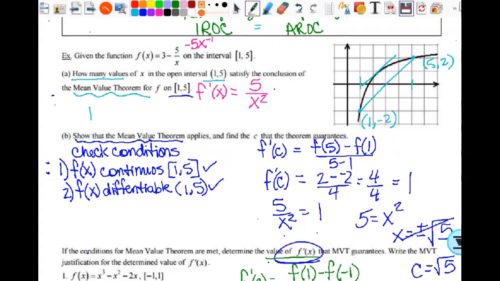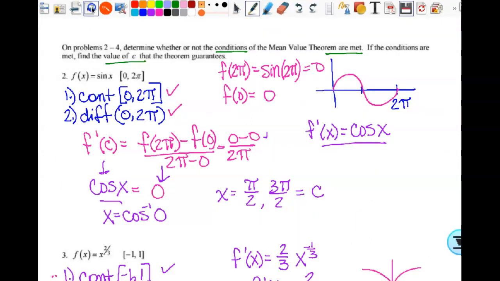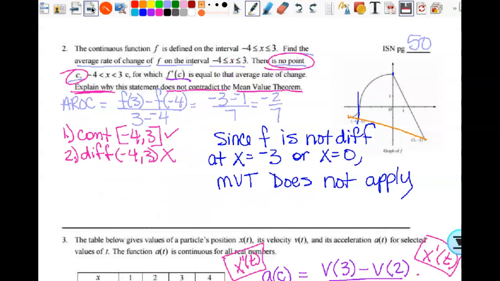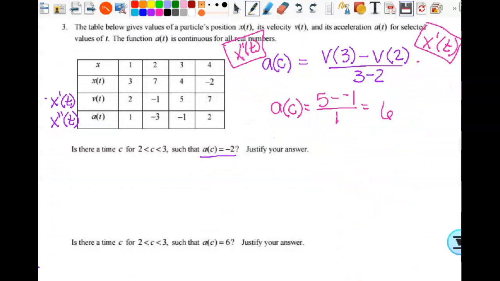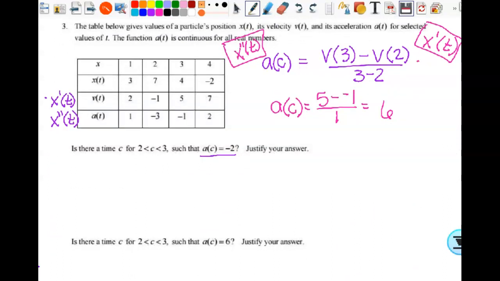All right, so let's go back here to where I told you we're going to start. Let's talk back through this since it's been a couple of days. So we should already have this stuff written down, hopefully. But we have the table below gives the values for the particle. So we have the position x of t, the velocity, the acceleration, and it says a of t is continuous for all real numbers. So if a of t is continuous, then the rest of those above it have to be continuous.